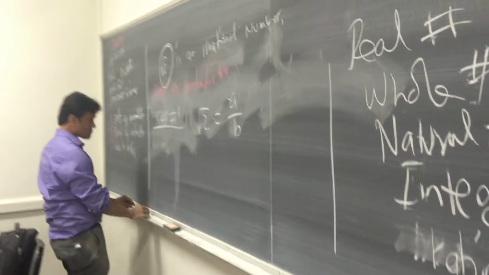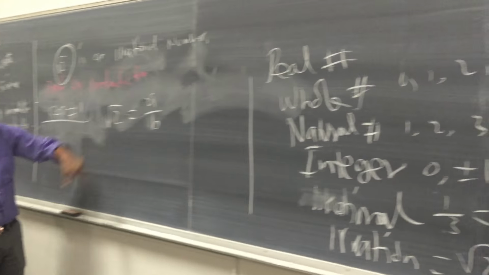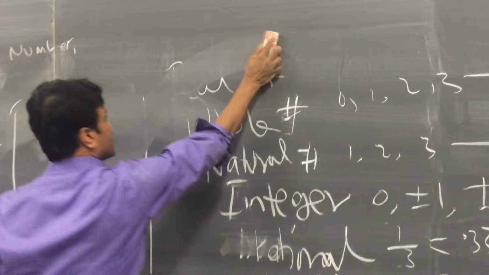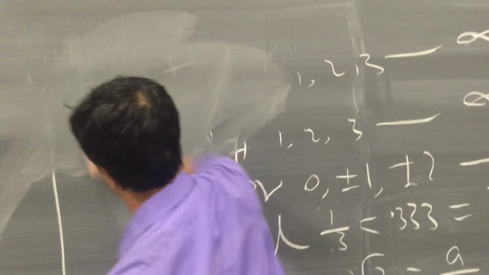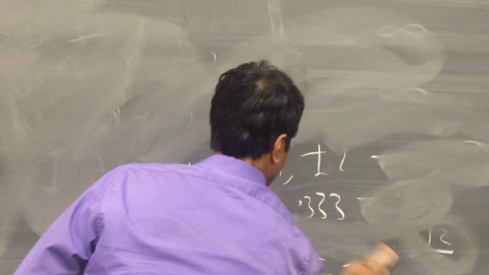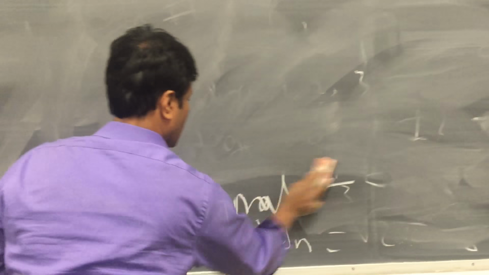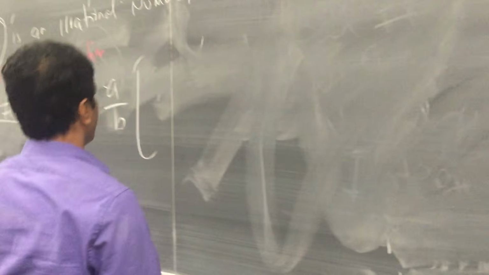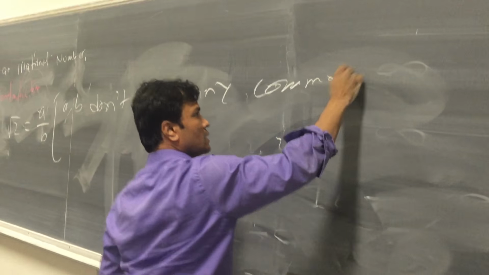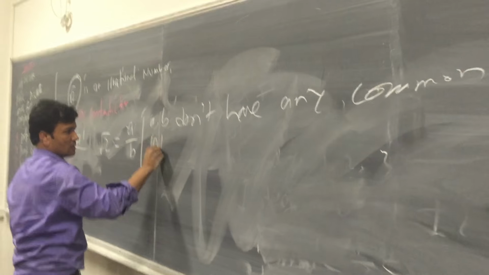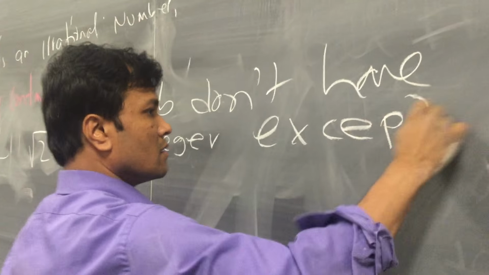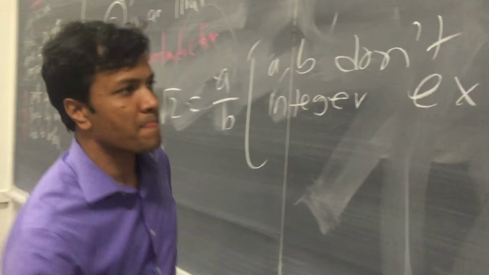So now what are you going to do? You have to write a statement that a and b do not have any common integer factor except 1.